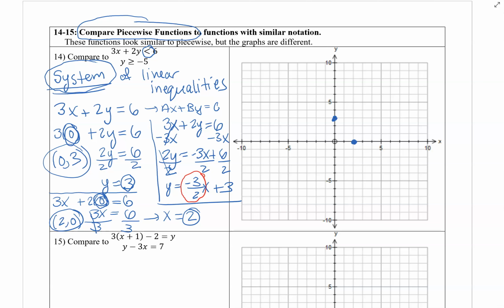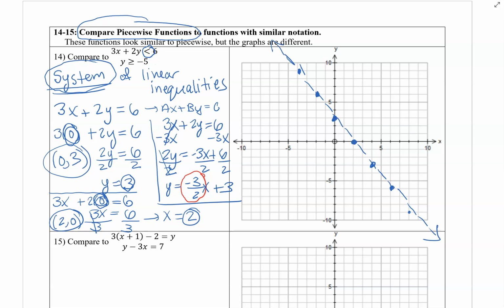That's our rise over run. So then I can use that slope. So I go down 3 over 2, but I can do that a couple more times to get a few more points on the graph. And I can also do that in the other direction. And this line is going to be dotted because it's an inequality that doesn't include the equal sign. So we draw kind of like a dashed line.